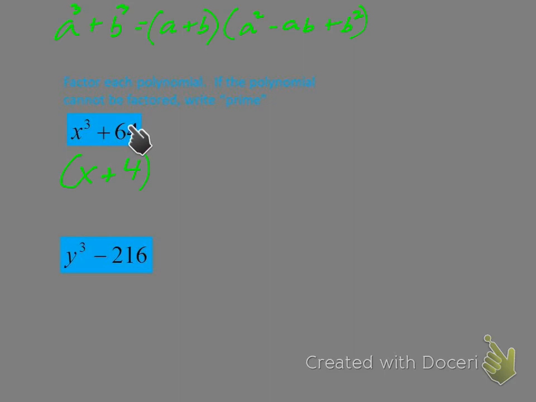It's either going to be 2 times 2 times 2, 3 times 3 times 3, 4 times 4 times 4, 5 times 5 times 5, 6 times 6 times 6. If you're not sure, just do 2 cubed on your calculator, 3 cubed, 4 cubed. That's how you can figure it out. Make sense? So it's just that number.